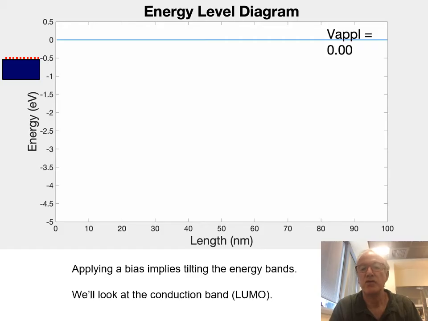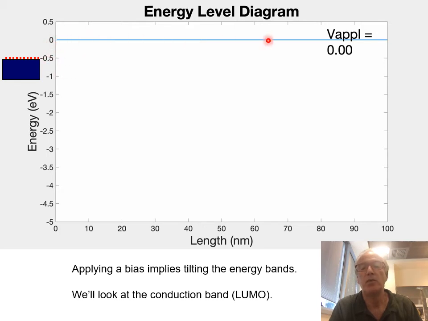So we'll visually build the picture of energy bands and the image potential. And we'll start with a standard 100 nanometer thick device. We have here the contact. This is the conduction band. So there is a 0.5 eV injection barrier.